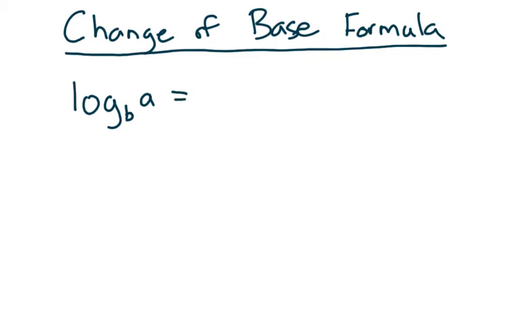If we did not like our current base, we could rewrite this as log base c of a divided by log base c of b. So we can change the base and divide the two. Whatever we're taking the log of would go on top, and then the log of the base would go on bottom.